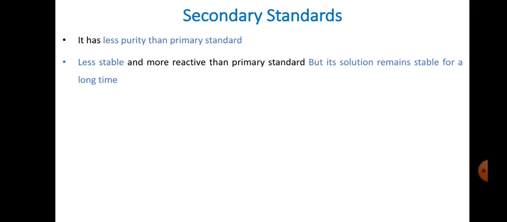So we can keep the solution for a longer period because it is stable, and it is titrated against the primary standard. We do a chemical reaction of the secondary standard with the primary standard, then do some calculation and find out the purity or concentration of the prepared secondary standard solution.